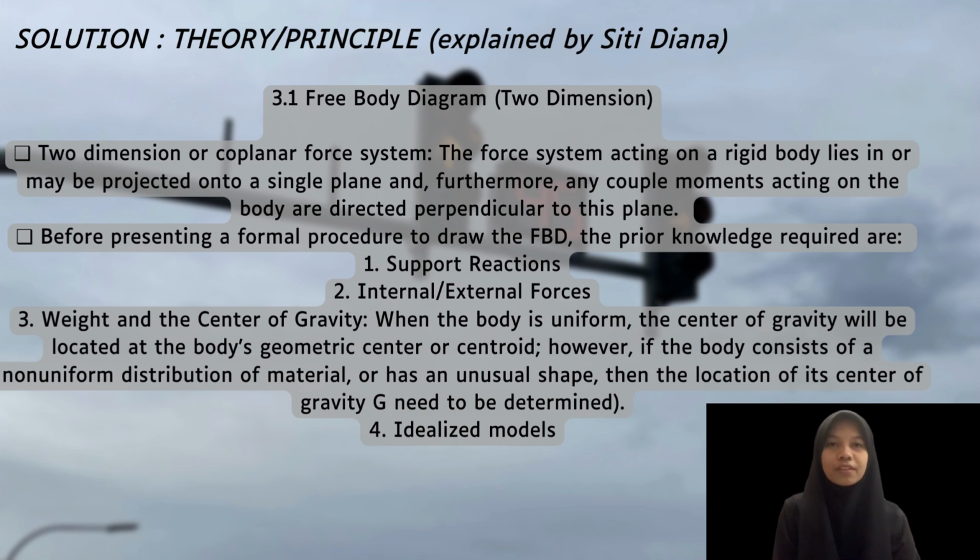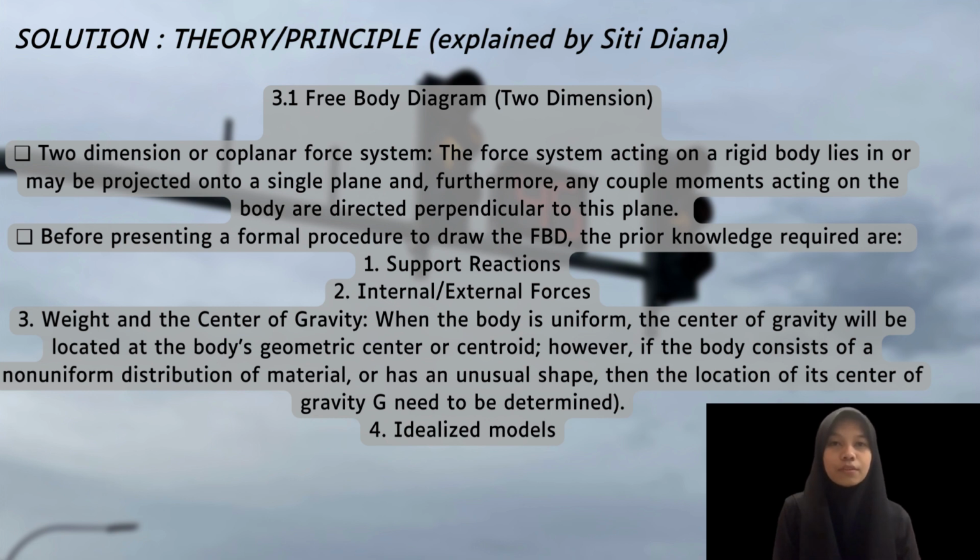CN220296. For the theory and principle of the solution, first we have to do the free body diagram. Before presenting a formal procedure to draw the FBD, the prior knowledge required are: first, support reaction; second, internal and external force; third, weight and the center of gravity.